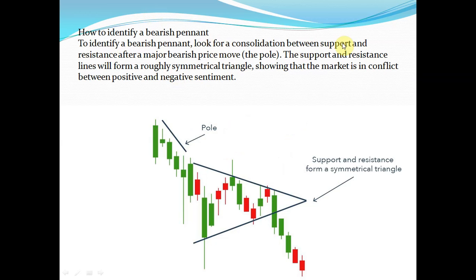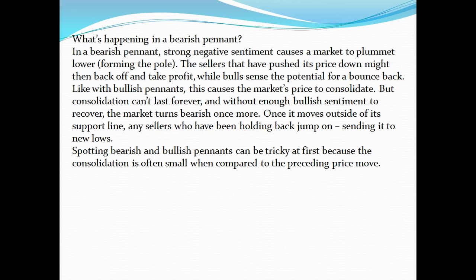Look for consolidation between support and resistance after a measured bearish pole. You see here support and resistance, the downward support and resistance lines will form a symmetrical triangle, showing the market is in conflict between positive and negative sentiment.